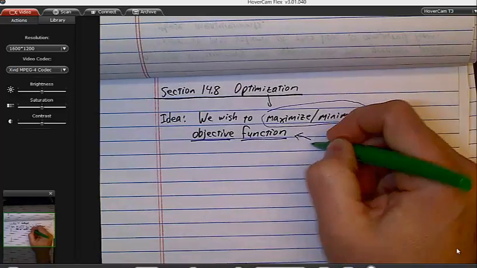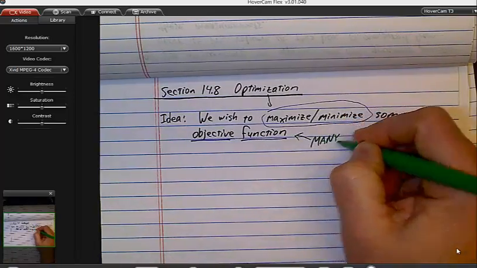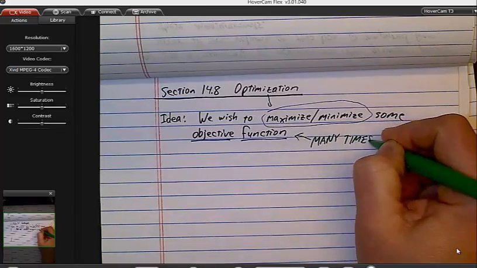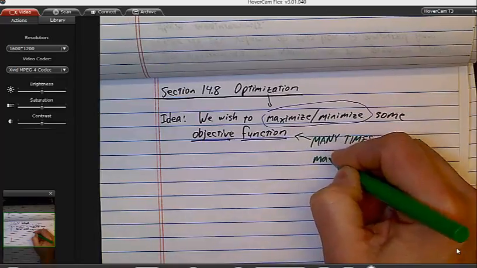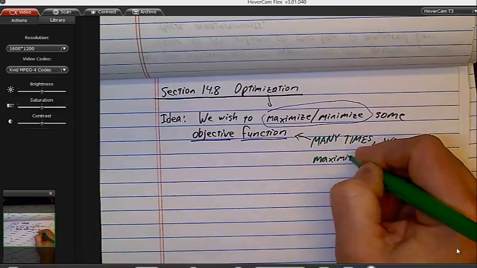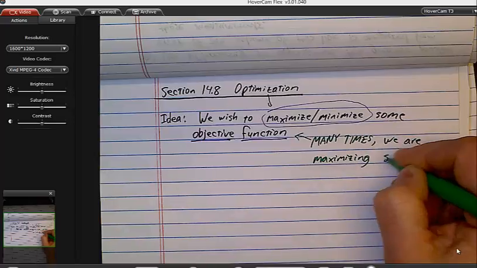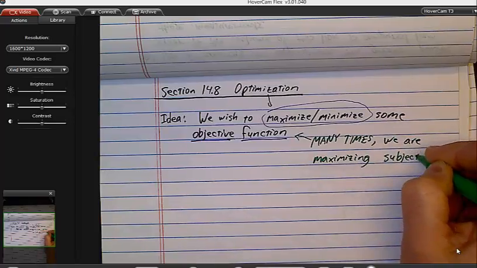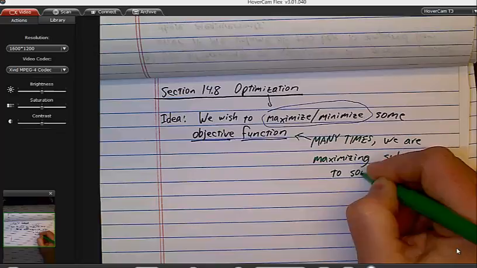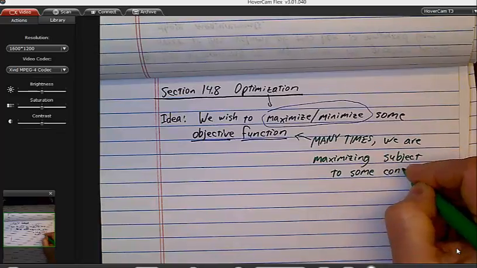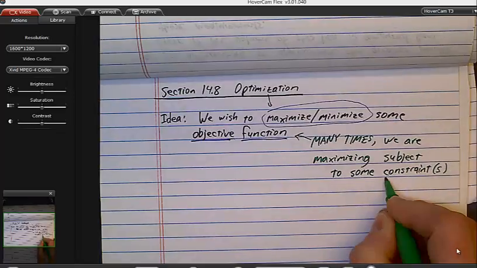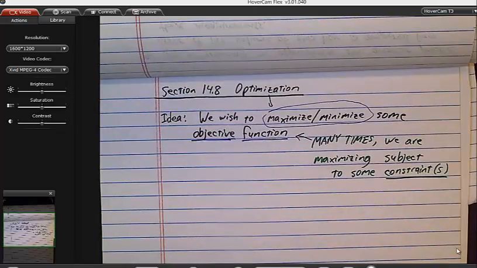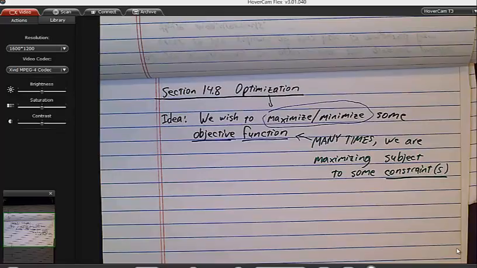I'm going to say many times we are maximizing subject to some constraint. There's another vocab word, and I'm going to put a little s here because you might have more than one constraint. Okay.